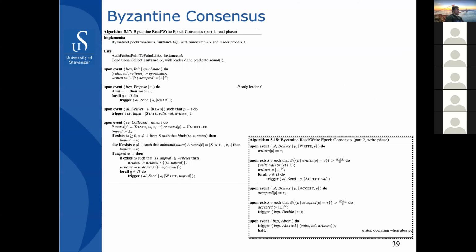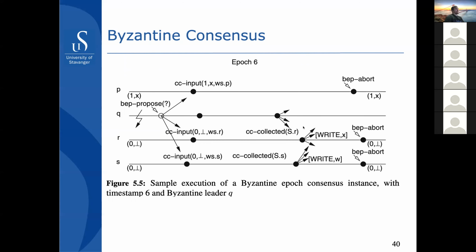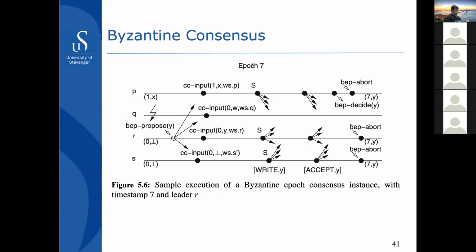So we need more than 2; if we have 3, it's a sufficiently big quorum here. But we don't reach that because they have different values here, and this Q is Byzantine. So that's why this is aborted, and we progress to epoch 7.